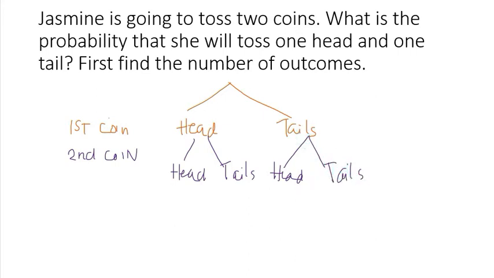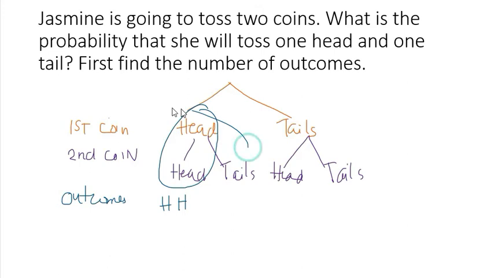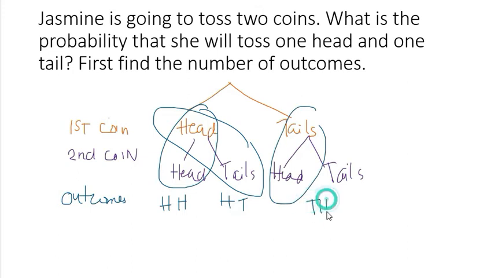So therefore, if you want to find the outcomes, you take it from the branches: head and head, so HH, then head and tails, next would be tails and head, and then tails and tails. So these are our outcomes.